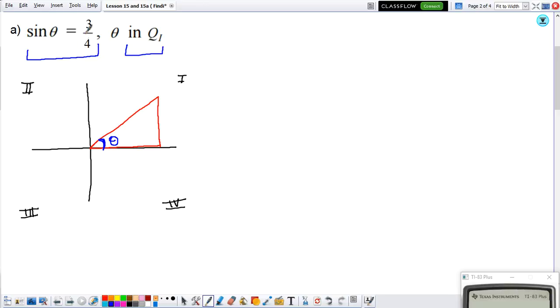Now we need to place this piece of information: the sine of theta equals 3/4. For this, we've got to remember our SOHCAHTOA. Here, we know sine, so we're going to use the SOH part, because sine of theta is equal to the opposite divided by the hypotenuse.